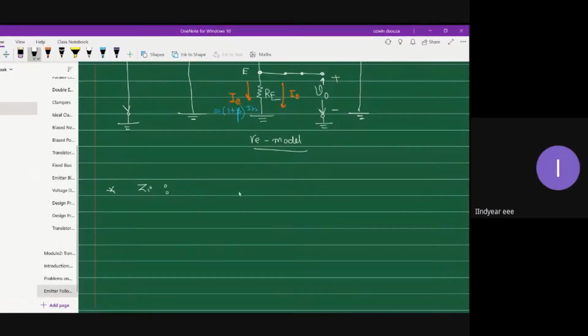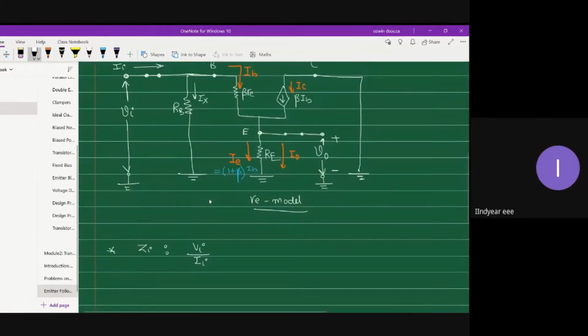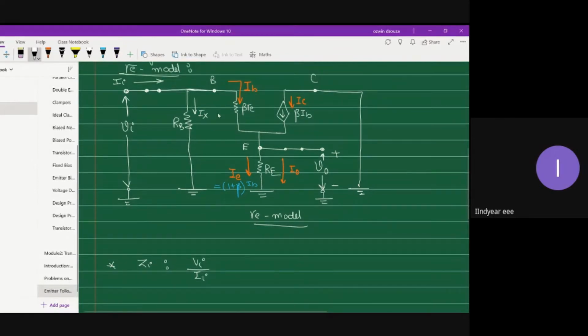ZI is taken as VI by II. Now I think a few of you must have observed that your input impedance is not the simple parallel combination of RB and these two resistors, because through beta RE, current IB flows, and through RE, current IE flows.